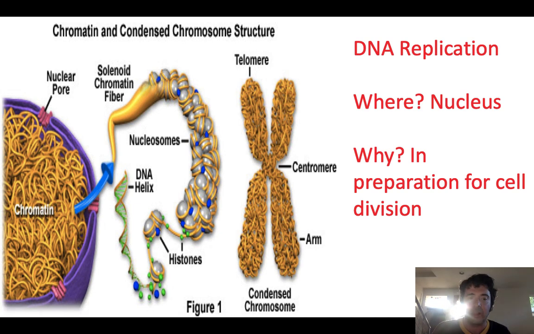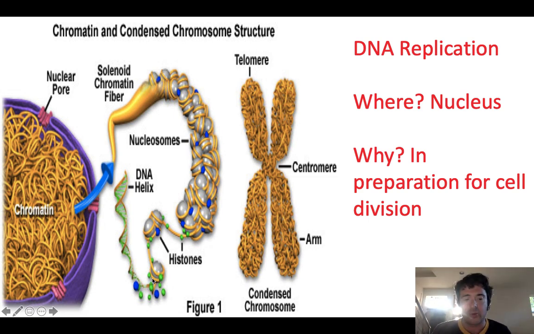DNA is a ridiculously long molecule. And in the nucleus of every adult human cell, or somatic human cell, you have 46 long strands of DNA, really, really long strands of DNA. Right? 23 come from mom, 23 come from dad.